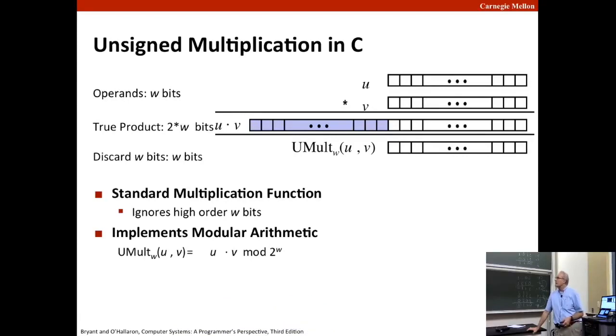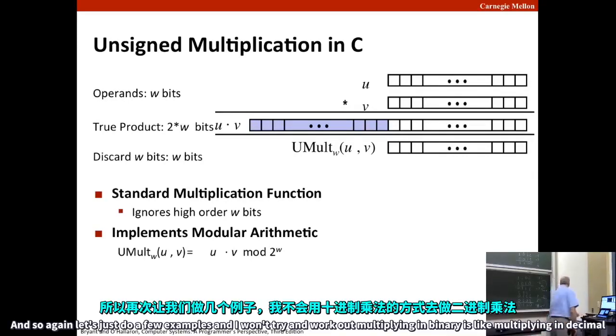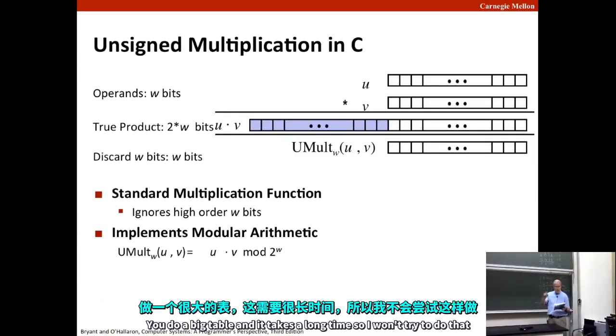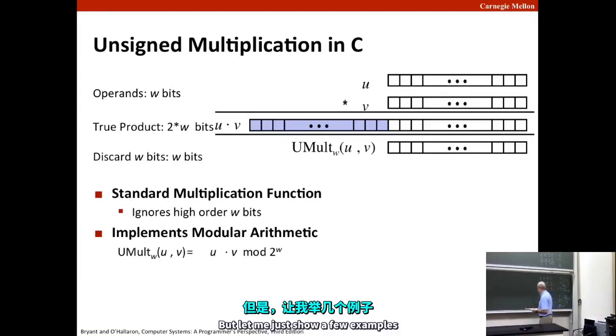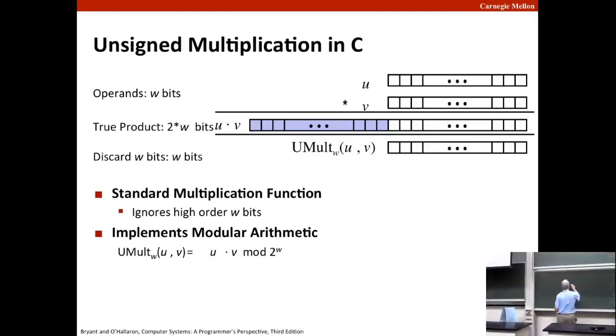And so again, let's just do a few examples. And I won't try to work out multiplying in binary. It's like multiplying in decimal. You do a big table and it takes a long time. So I won't try to do that. But let me just show a few examples.